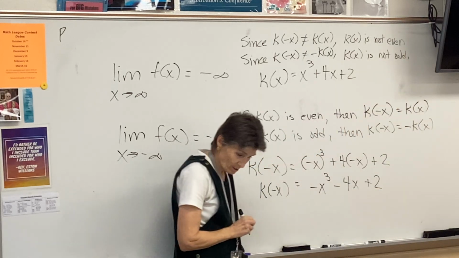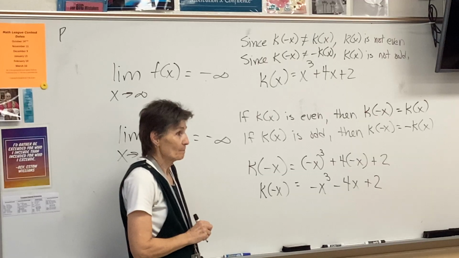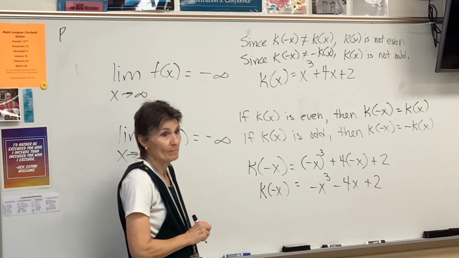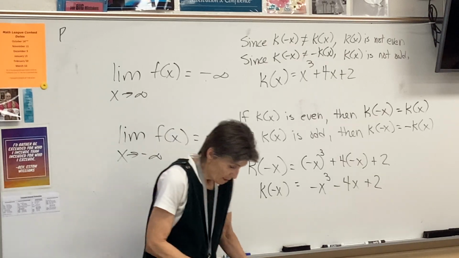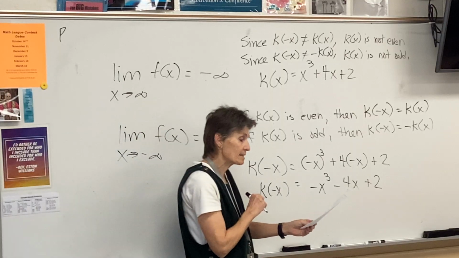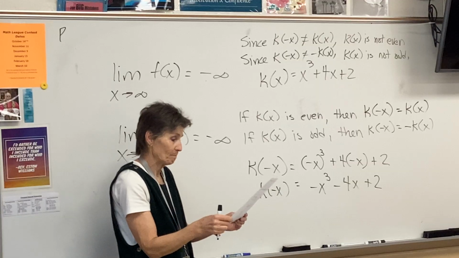Therefore, what was the question? Even, odd, or neither? This is a neither. Everybody okay with that? And then we got Charlie's question here. An even function has symmetry about the y-axis. Very good.